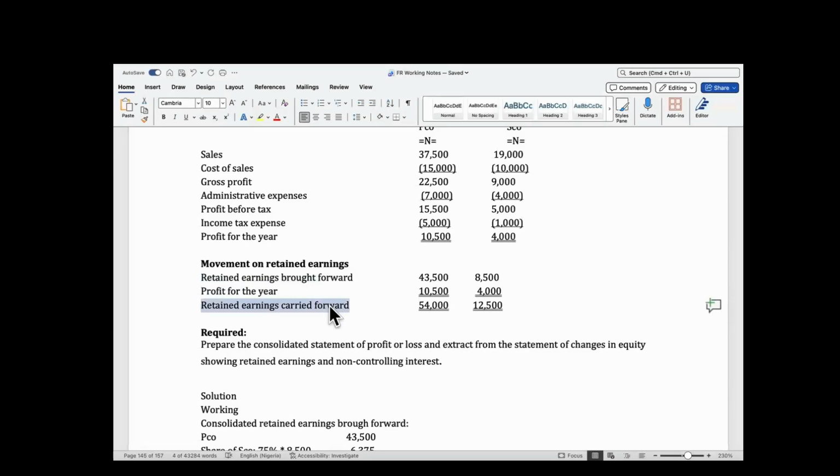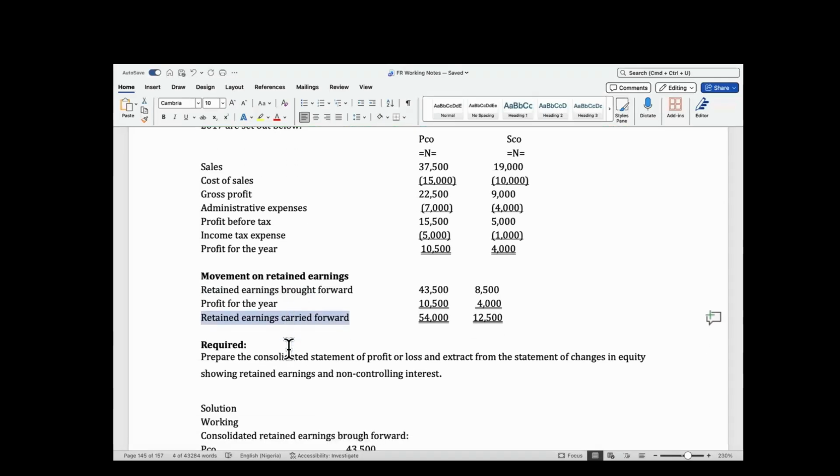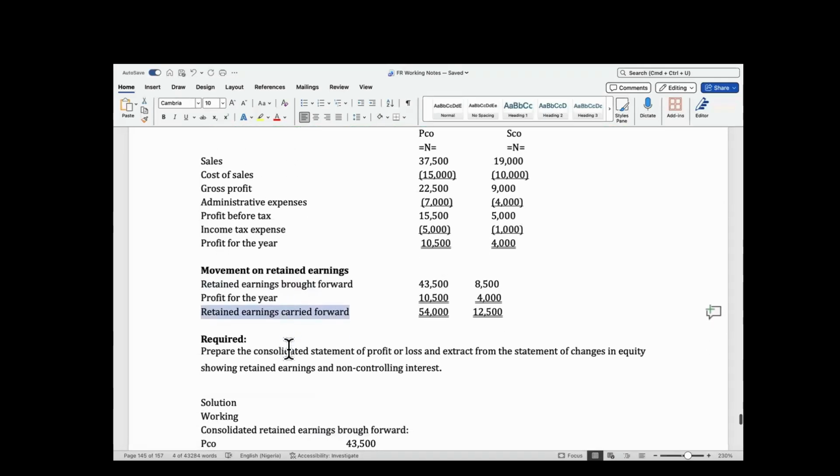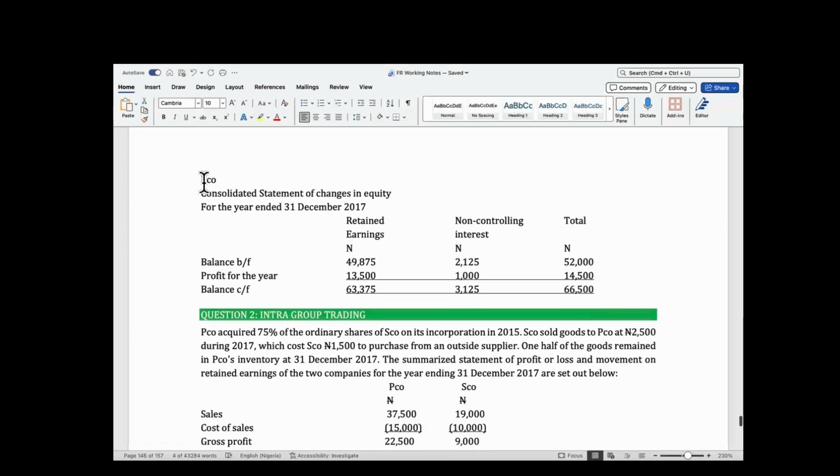What they want me to prepare is the consolidated statement of changes in equity. So to do that, I set a ground ruling for my consolidated statement of changes in equity for the year ended 31st December 2017. They want me to do that for retained earnings and NCI, then total.